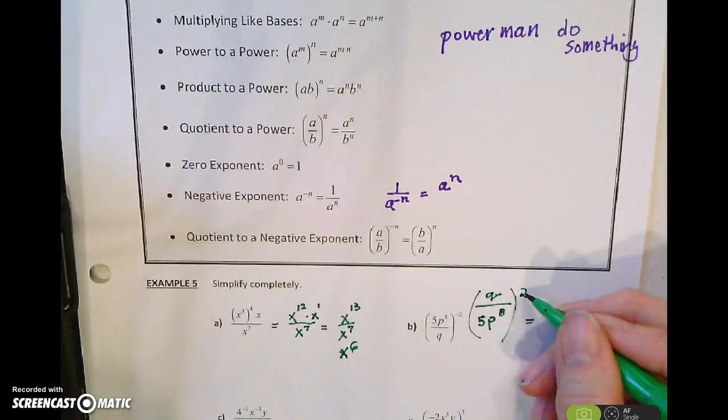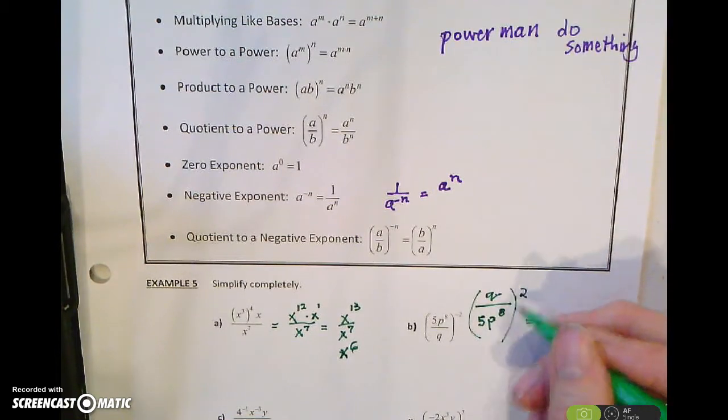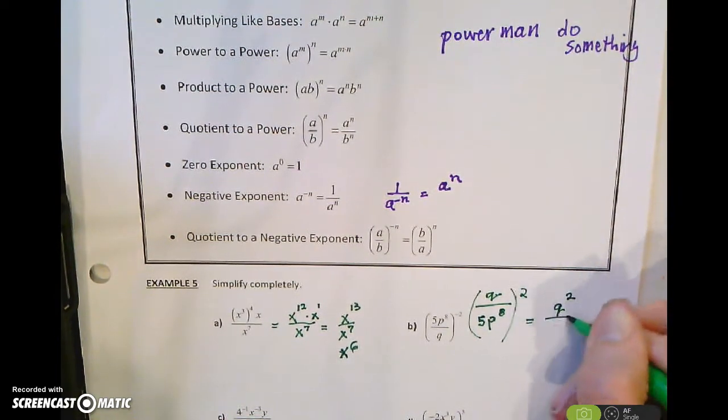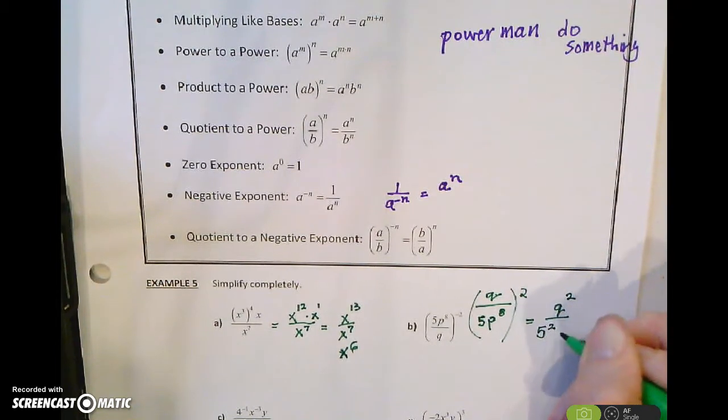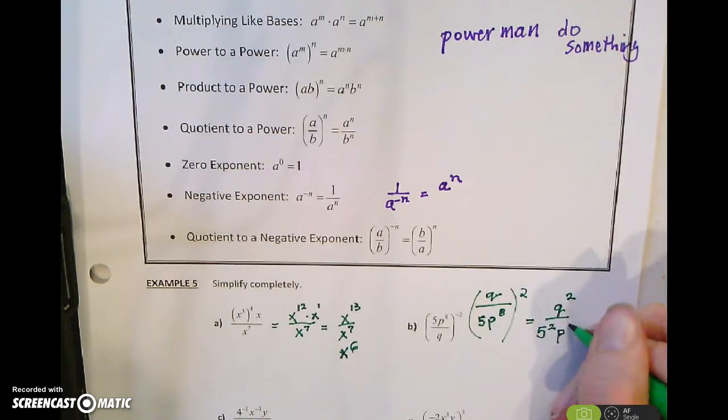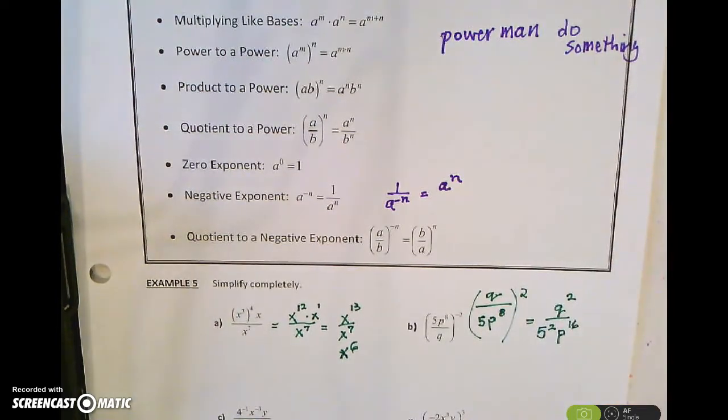Now I have a quotient to a power, so I'm going to raise every piece of this to the 2nd power. So I have q to the 2nd, I have 5 to the 2nd, and I have p to the 8th to the 2nd. So I'm going power to a power, multiply, and get 16.